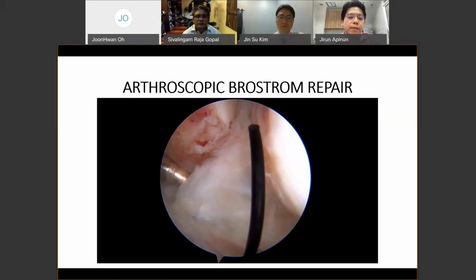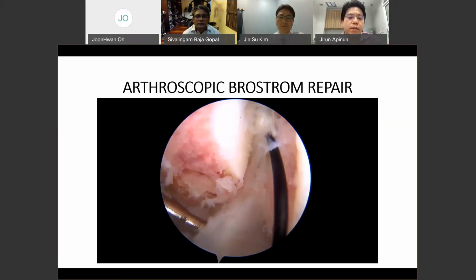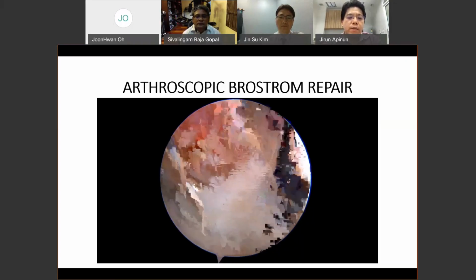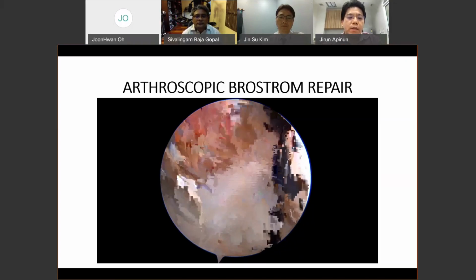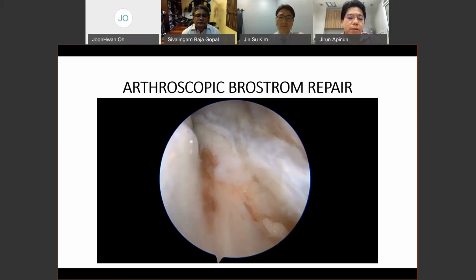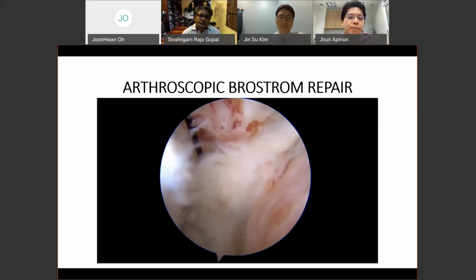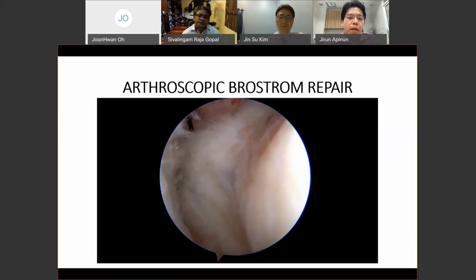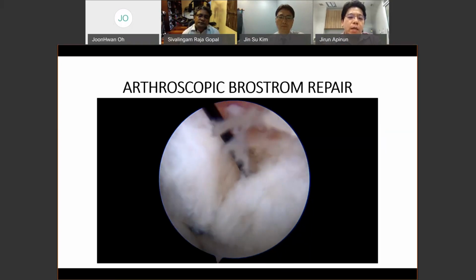Okay. After I have the 2 suture shuttles, then the next step, I put the suture anchor into the insertion at the fibula.